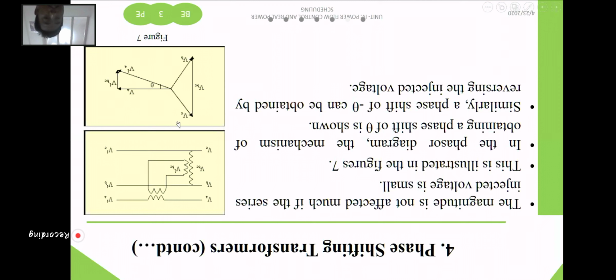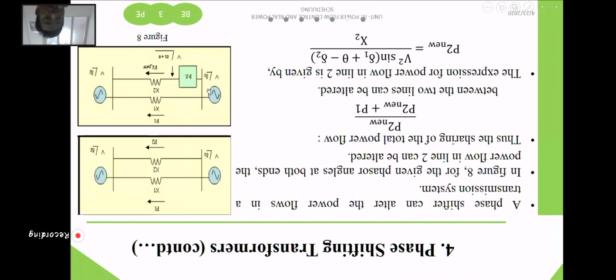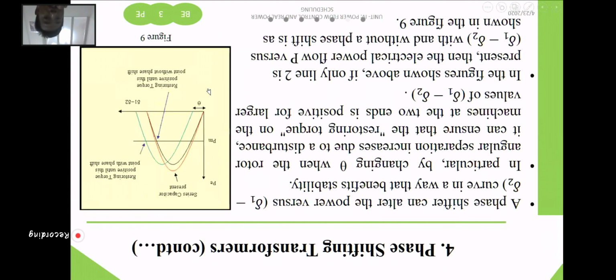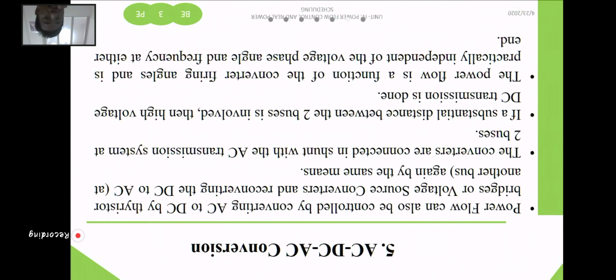But here in the phase shifting, you create one small phase shift and then you try to regulate the power flow. And then another way which we have learned is AC to DC and AC conversion. Okay, so these are the different ways in which we can control the power flow.